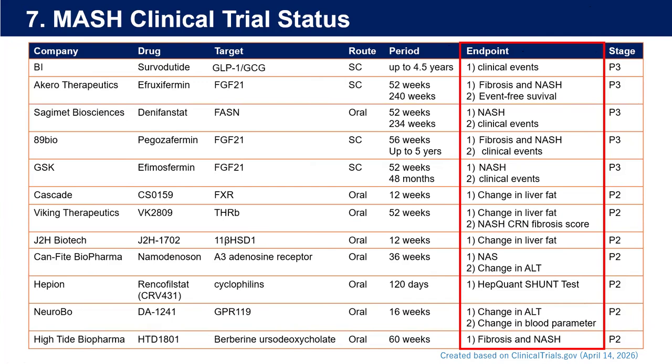On the other hand, in phase 3 trials, in addition to improvements in NASH and fibrosis, clinical outcomes such as clinical events and event-free survival are incorporated as evaluation criteria.